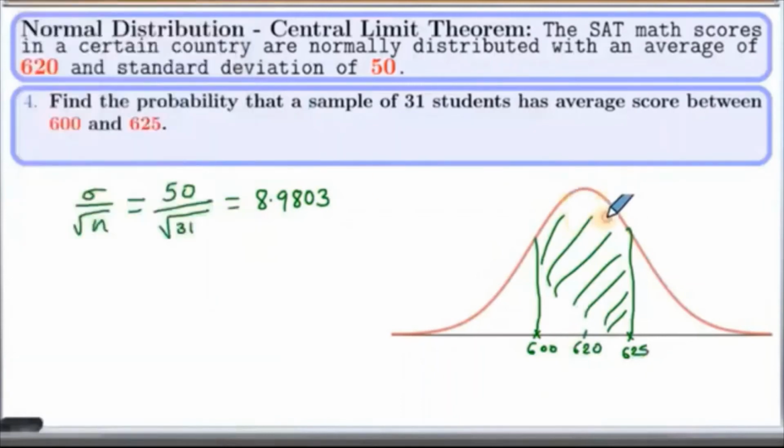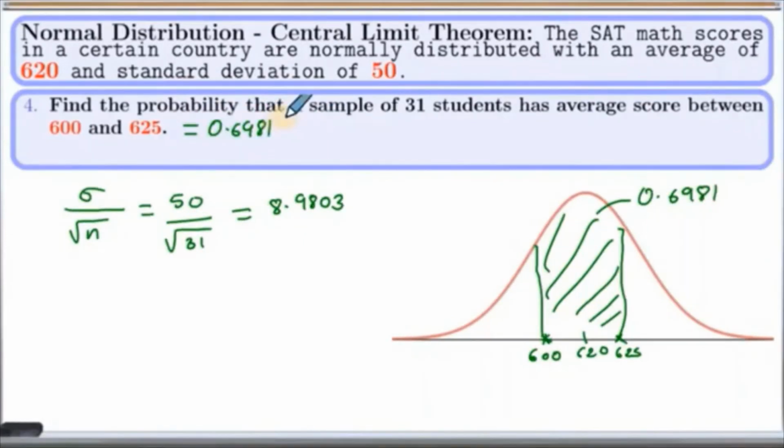So basically this area here is 0.6981. And the probability that a sample of 31 students has average score between 600 and 625 is 0.6981.